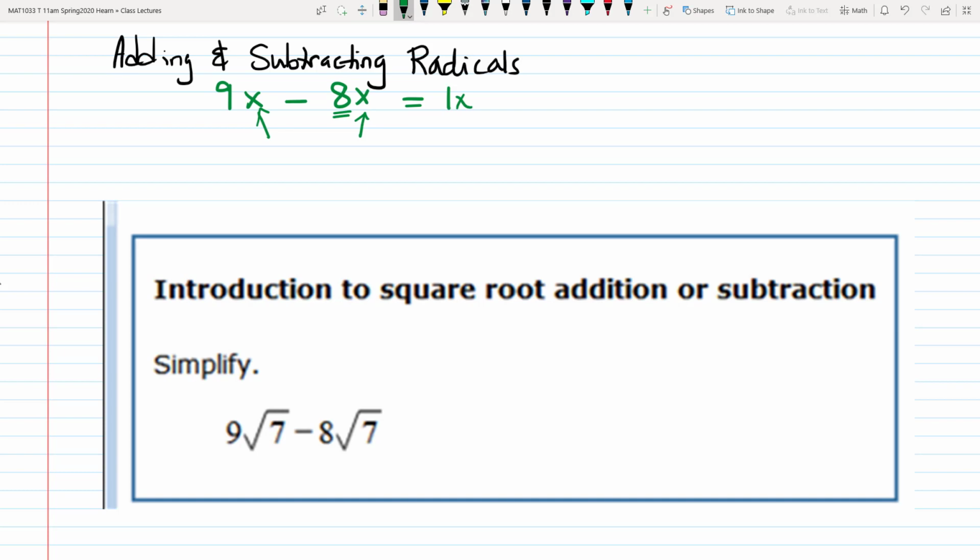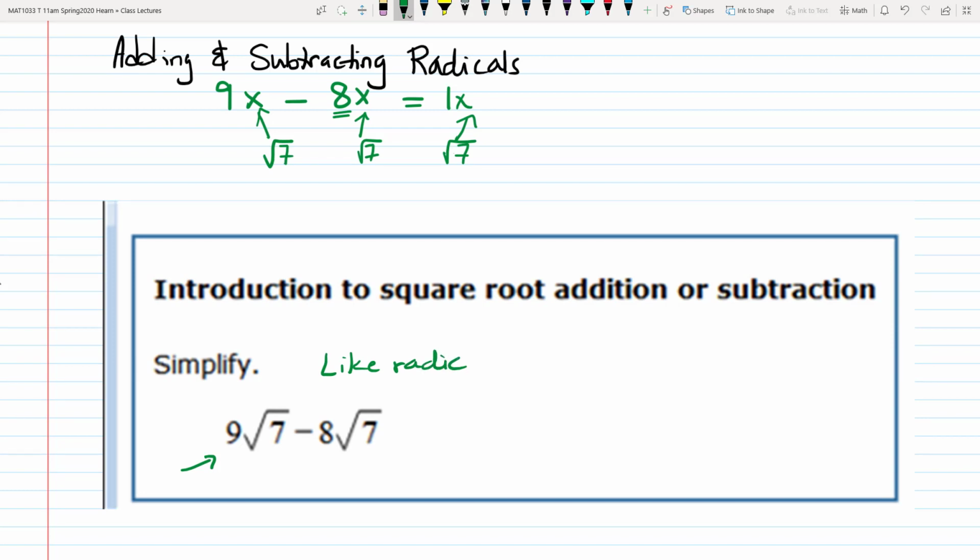So for example, down here we have 9 square roots of 7 minus 8 square roots of 7. Okay, what if we let x be the square root of 7? Then we would see that 9 square roots of 7 minus 8 square roots of 7 gives us 1 square root of 7. These are what are called like radicals.